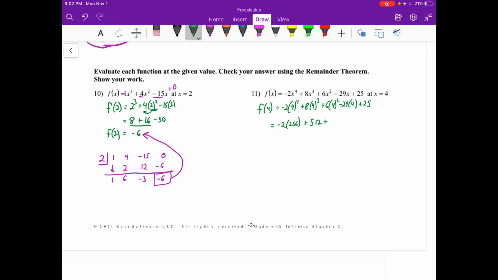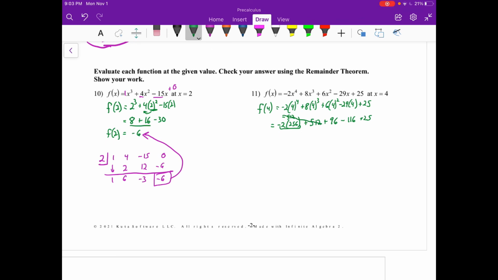Plus 4 squared is 16. 16 times 6 is 96. Minus 4 times 29. That's negative 116. And then plus 25. Well, let's finish this off. The first term is actually negative 512. So these become 0.